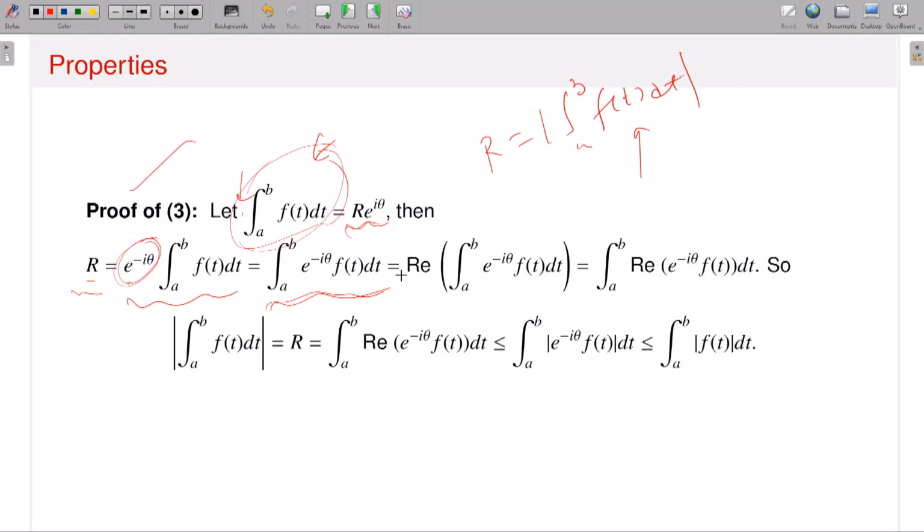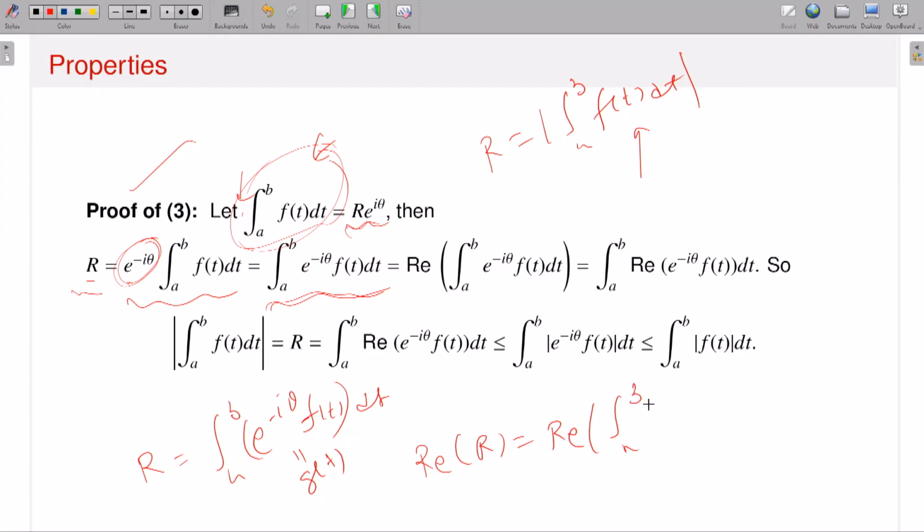So now I have r equal to the integral from a to b of e^{-iθ} f(t) dt, right? So I have a new integrand, let it be g(t), which is nothing but e^{-iθ} f(t). Now if I have this equality and I take the real part on both sides, then the real part of r is the same as the real part of the integral from a to b of e^{-iθ} f(t) dt. But what is the real part of r? r is a positive real number.